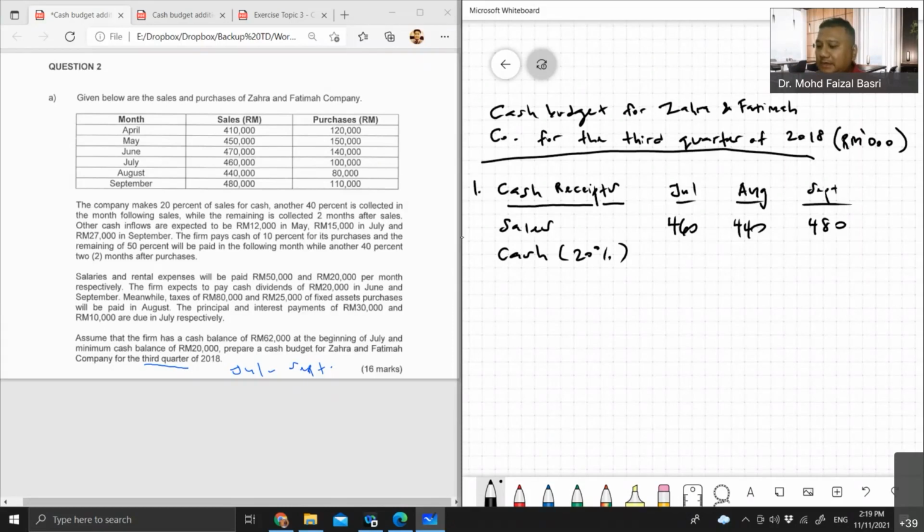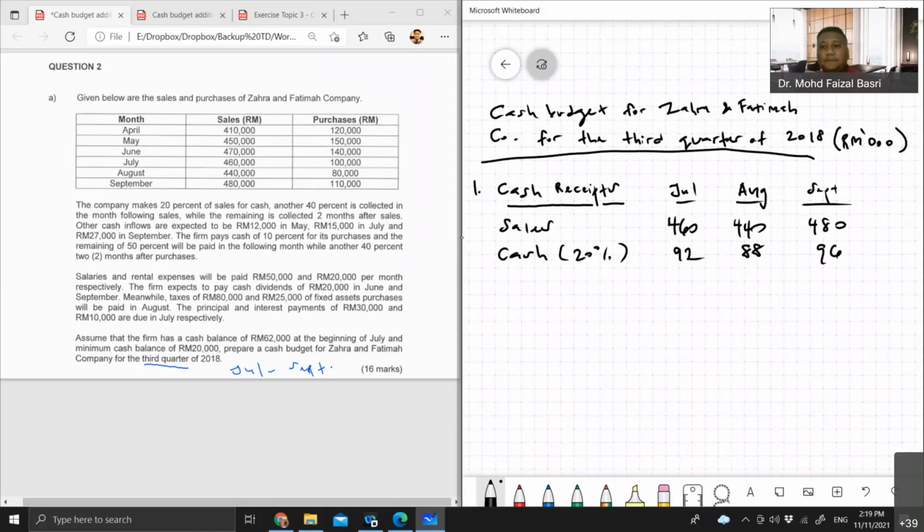For example, 460, 20% would be 92,000. Okay, so 92,000, I'm going to put in July. For August, same, 440, 20%, it's 88,000. Right, and lastly, 480,000 is 96,000.